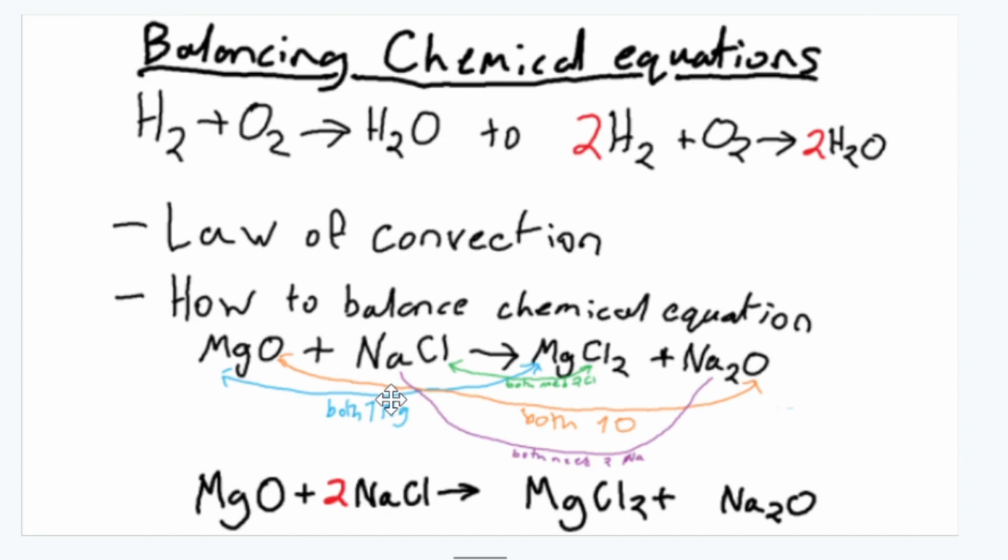Over here for sodium, it says that it has 1 on one side and 2 on the other, meaning both sides need to have 2 sodiums. So we listed that down right here.